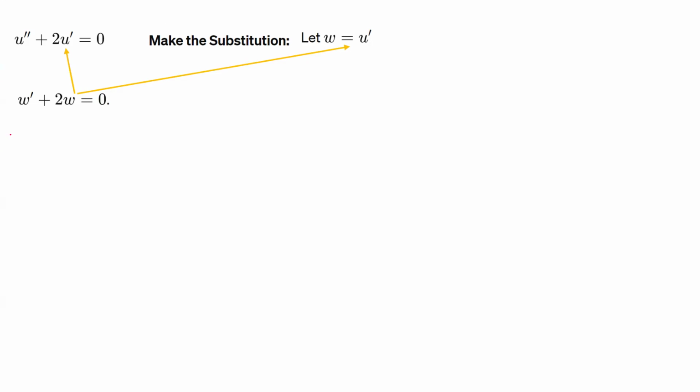At the same time, if I take the derivative of w, it is equal to the second derivative of u. That's how you end up with w prime instead of u double prime.